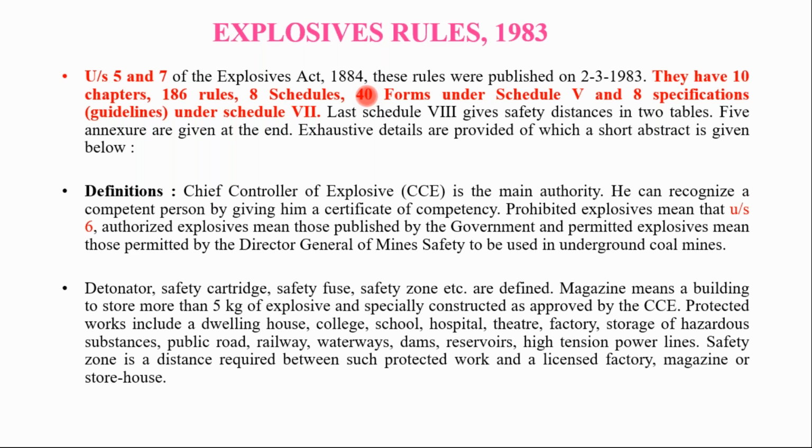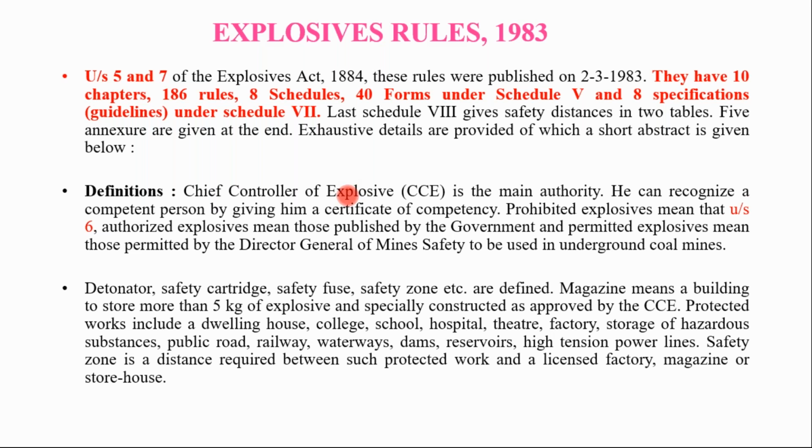So we should at least have an idea how these rules are made, what their objectives are, and what their use is in implementing the guidelines for manufacturing, storage, import, export, sale, etc. The main authority under these rules is the CCE, the Chief Controller of Explosives.